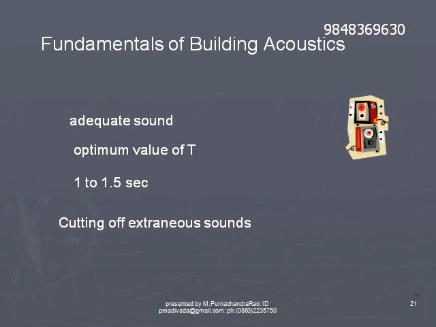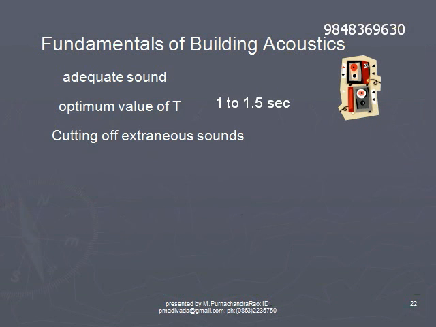So, to provide adequate sound, we see that the speakers are arranged a little above the seats in the hall. Every seat will be at a certain distance from the speaker. The reverberation time of that hall will be set for an optimum value.